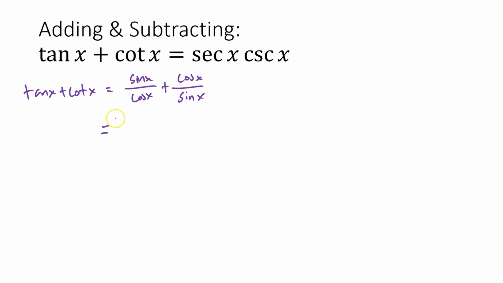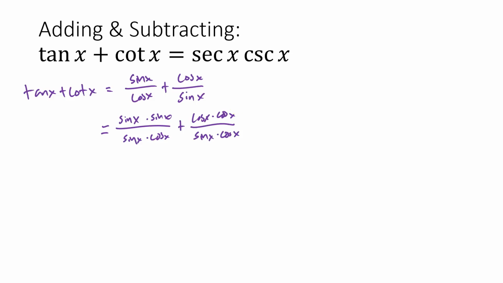So this first one I'm going to multiply by sine x on the top and the bottom. So I have sine x times sine x over sine x times cosine x, plus cosine x times cosine x divided by sine x times cosine x.